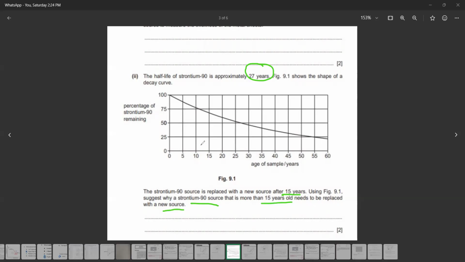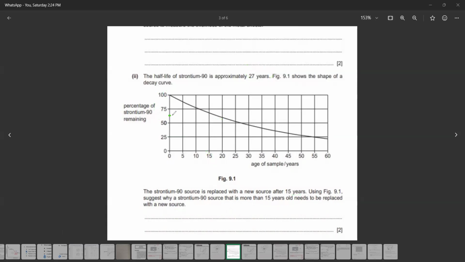So there will be less beta emissions. The amount of radiation after 15 years, what will happen? That will change. It looks like about 60% of the original value, or let's say, because it is in between. So this will be half with 25, 12.5.